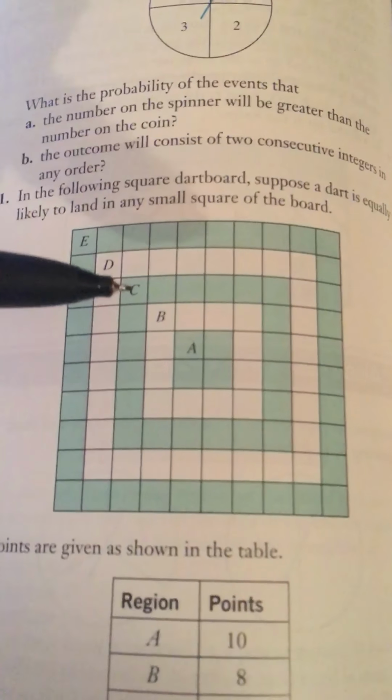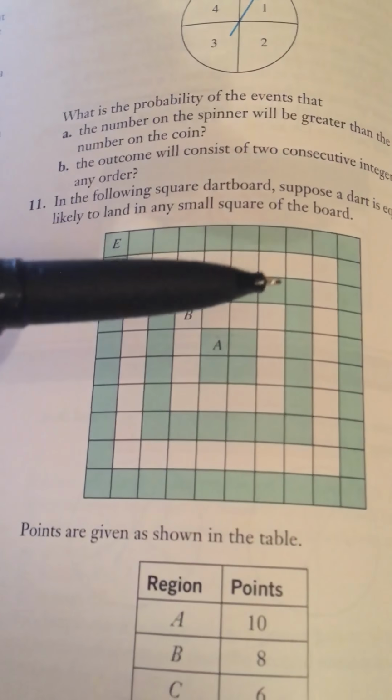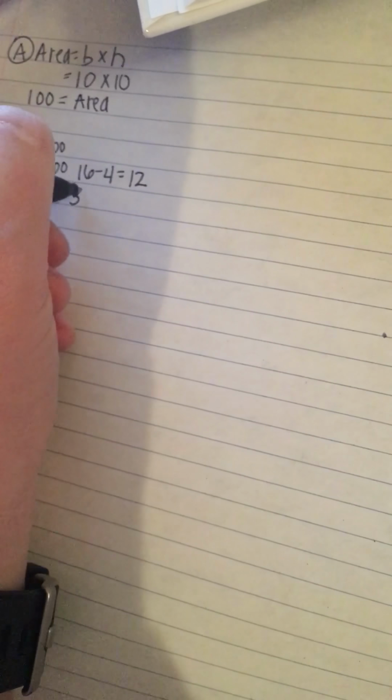Then we look back at the square here, and we notice that this one is 1, 2, 3, 4, 5, 6. It's a 6 by 6, a 36 area square. However, we have to subtract the 16. So 36 minus 16, we get 20. 20 over 100.